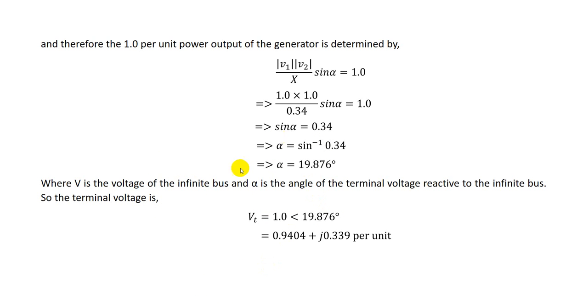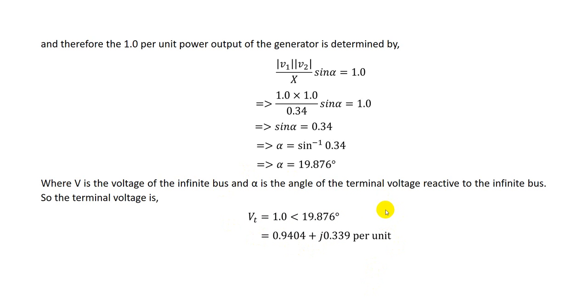If I convert this polar form into rectangular form, I will get this equation: 0.9404 plus j 0.339 per unit. If you ask me how I have converted this to rectangular form, I will explain. If you multiply this angle, cos 19.876 is 0.9404 and sine 19.876 is 0.339.